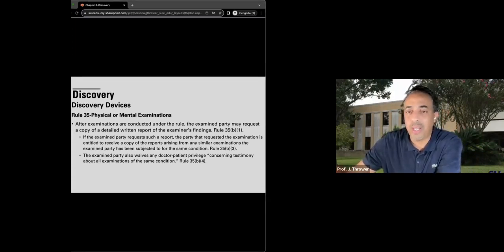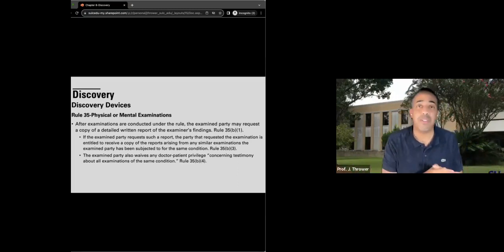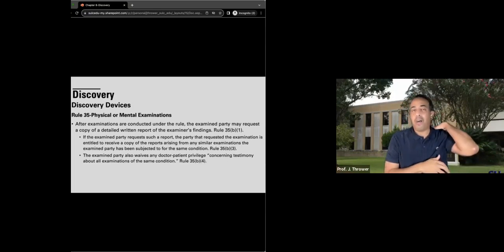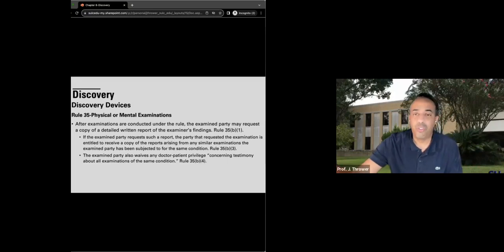However, it's important to note that if the examined party requests such a report, then the party that requested the examination is also entitled to receive copies of any reports that the examined party's own examining physician may have had to provide for the same condition. So in other words, the examined party has to produce any reports from his own examiner to the requesting party.